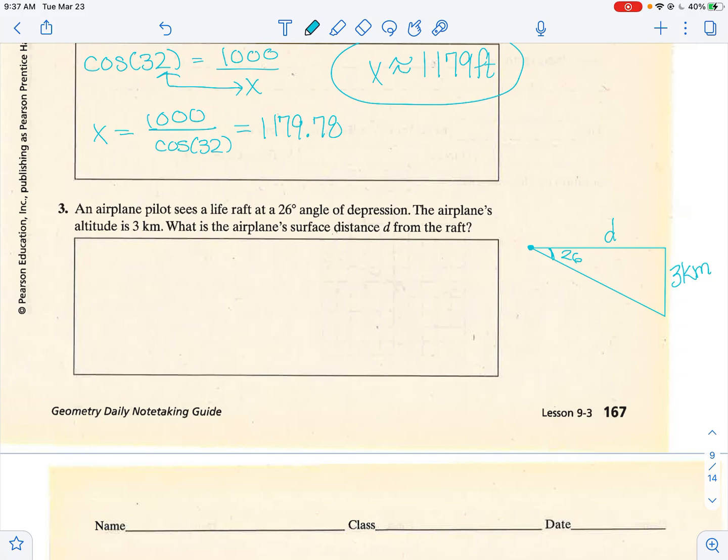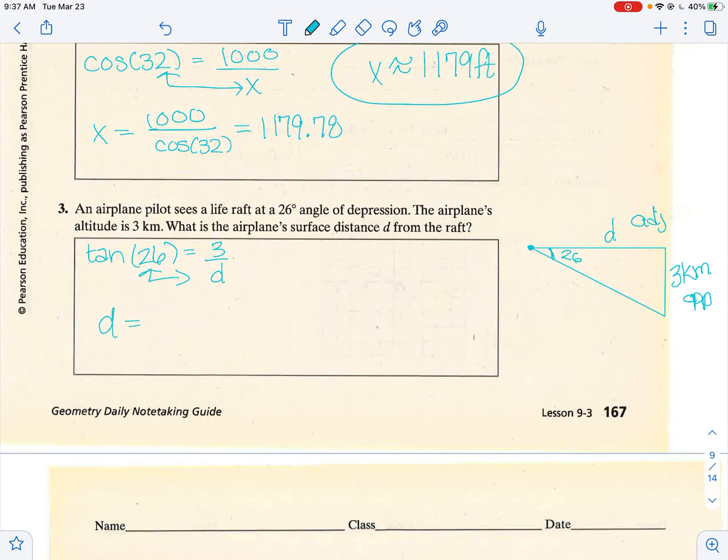So we have the opposite and the adjacent, so we need the tangent. This is opposite, this is adjacent. The tangent of 26 equals opposite 3 over the distance d. So then we're going to trade.